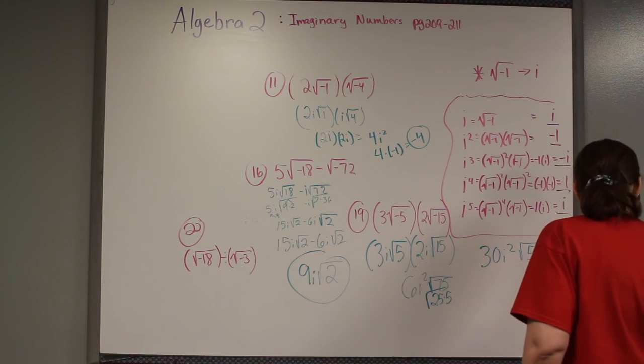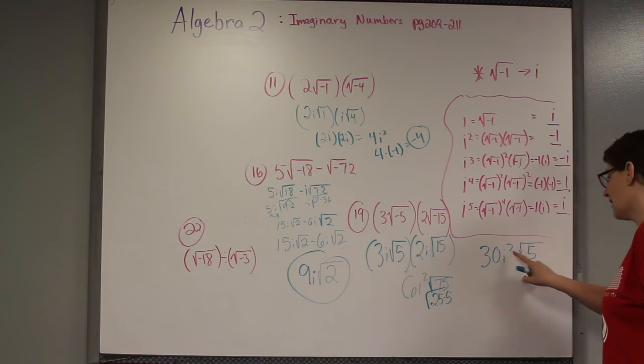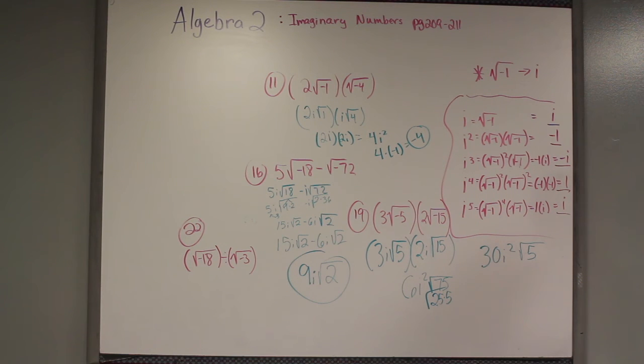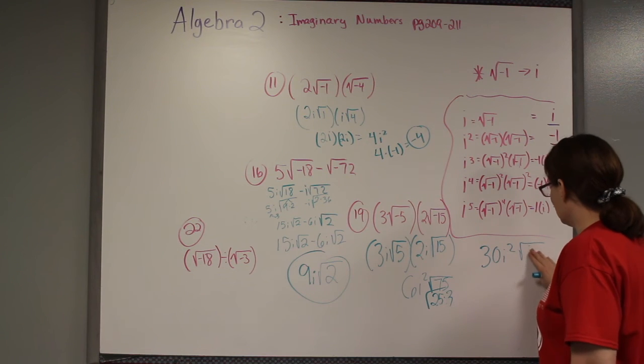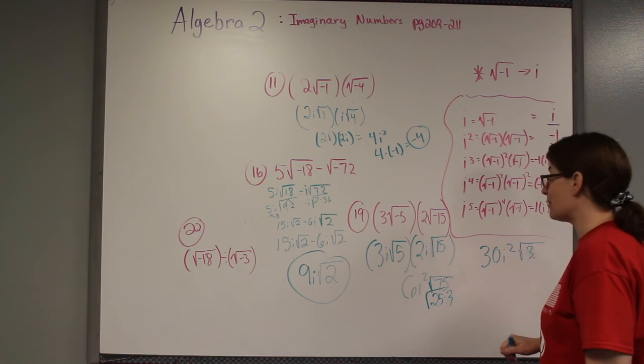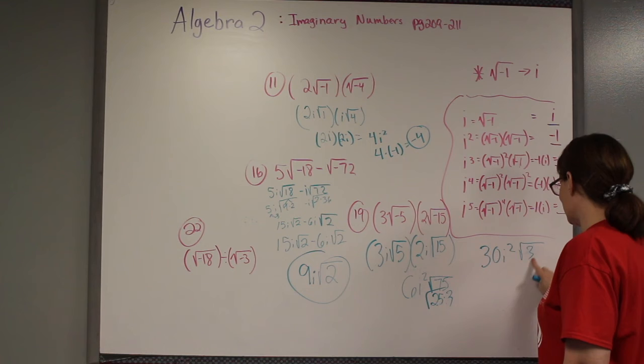Now I do believe they don't want us to leave that i squared there. Let me double check, but I'm pretty positive they want that gone. Yep, they want that gone. So what we need to do, and that's not a 5, that's a 3. What am I doing here? 25 times 3 is 75, not 5. That's 125.